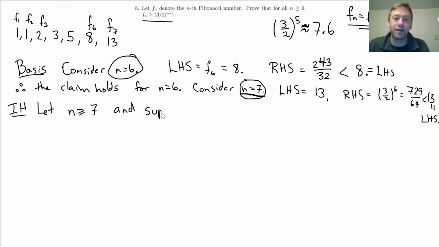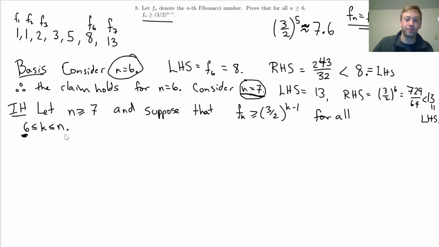And suppose that the claim is true, meaning f of k is bigger than or equal to 3 over 2 to the k minus 1 for all k between 6, which is my smallest basis case, and n. So we're assuming that the claim is true for k equals 6, k equals 7, and so on, up to the case k equals n. And now we're going to use this to prove the n plus 1 case.